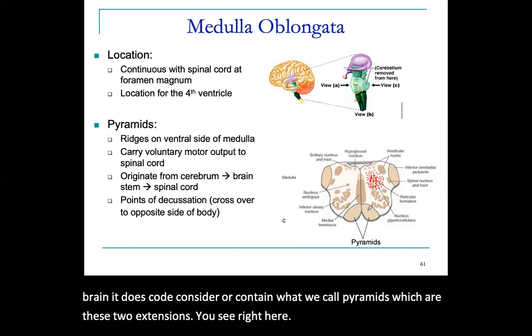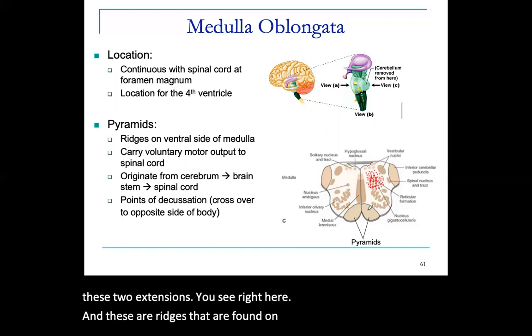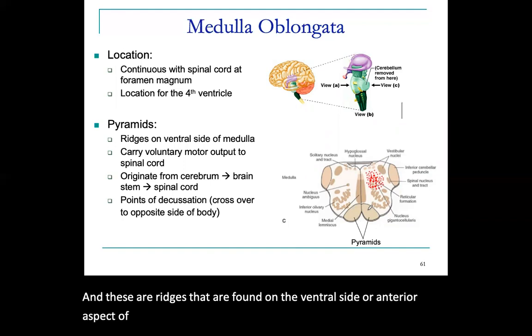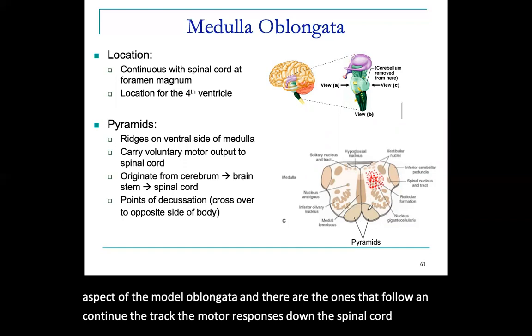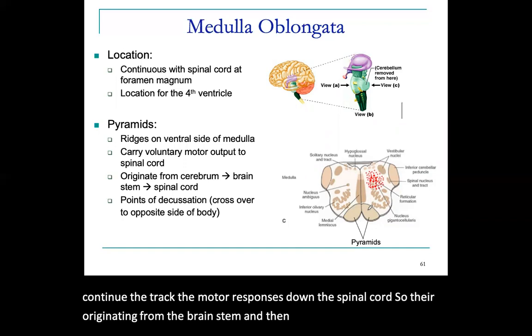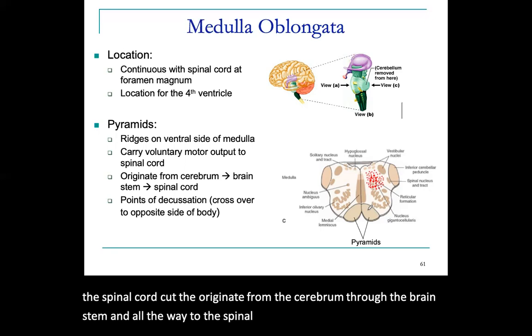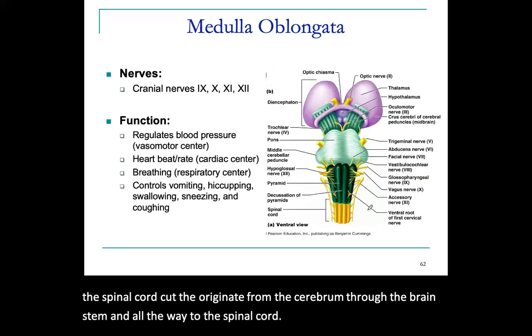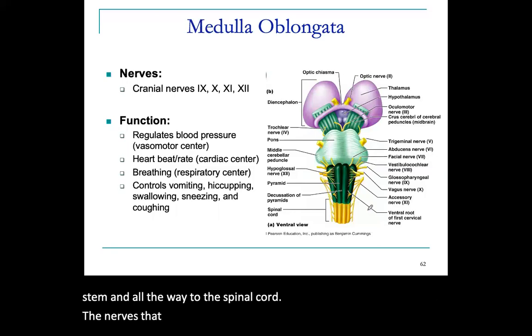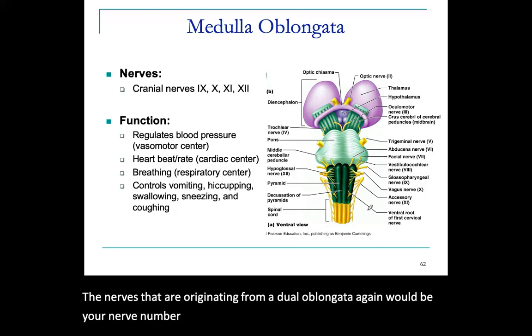These are ridges found on the ventral side or anterior aspect of the medulla oblongata, and they are the ones that continue to track the motor responses down the spinal cord. So they originate from the cerebrum through the brainstem and all the way to the spinal cord. The nerves originating from medulla oblongata again would be your nerve number 9, 10, 11, and 12.